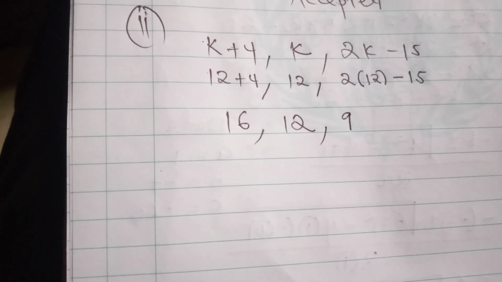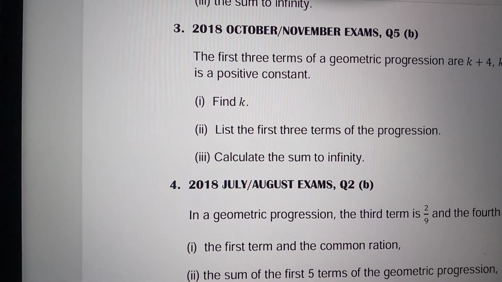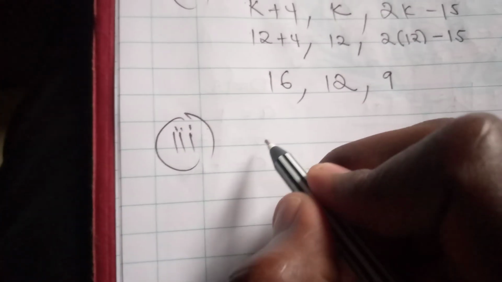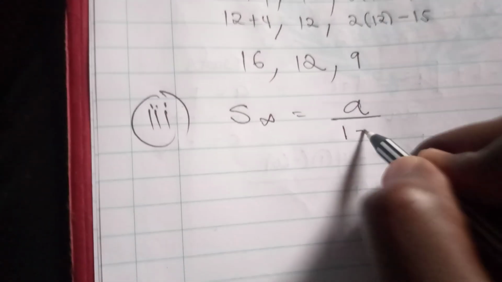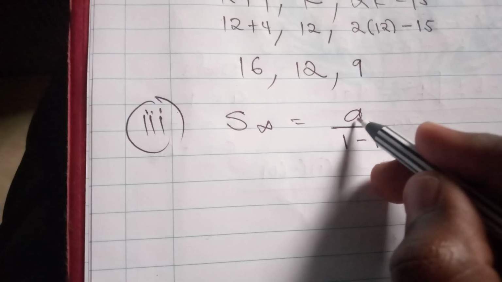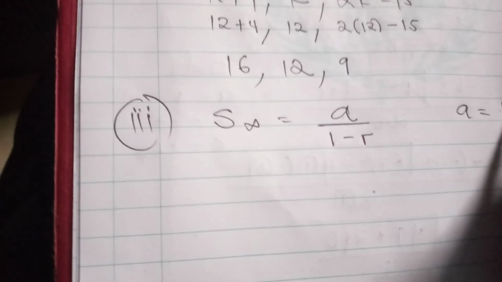So we proceed. The last one, they are saying calculate the sum to infinity. Like I said earlier, sum to infinity is calculated by this formula: sum to infinity is equal to first term over 1 minus the common ratio. Now we have to find the first term. In this case, our first term is 16.